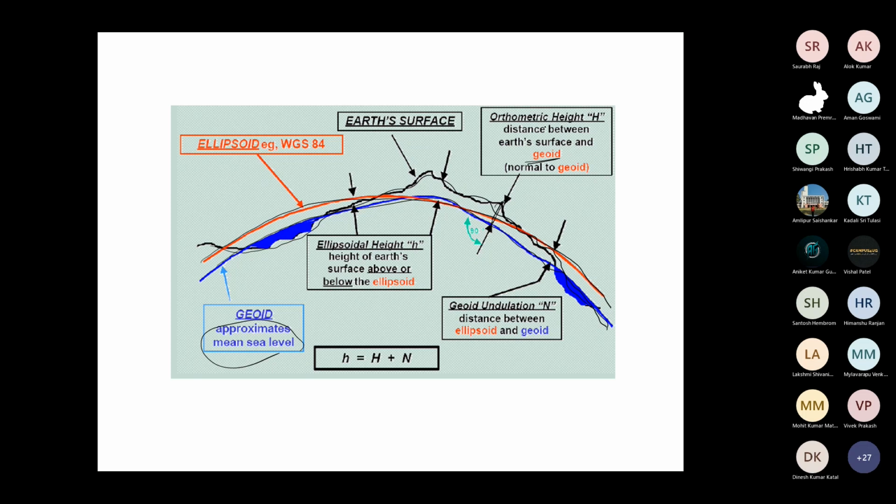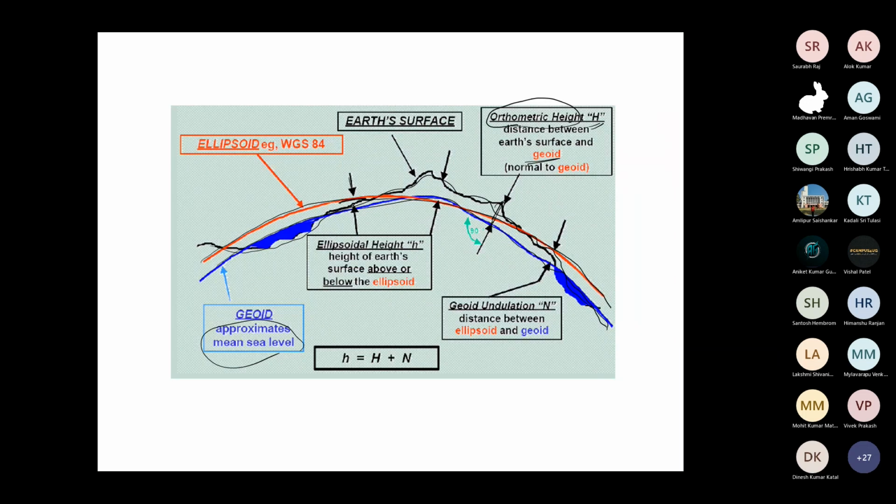This height is called the orthometric height, capital H. Ellipsoidal height, small h, is the height of the Earth's surface above or below the ellipsoid.